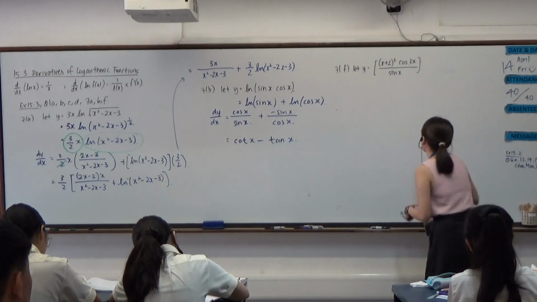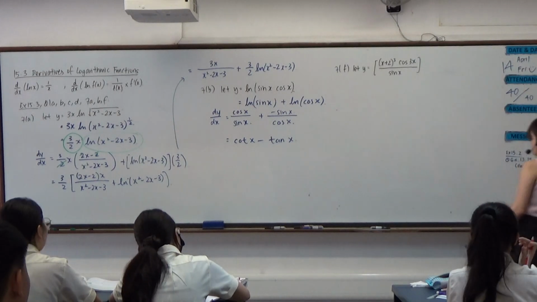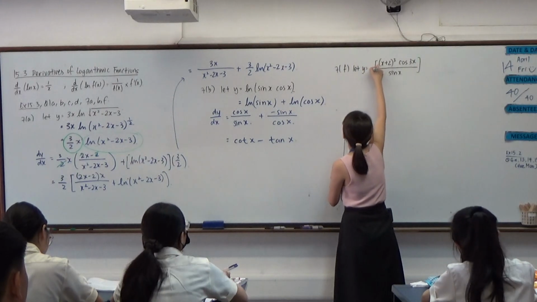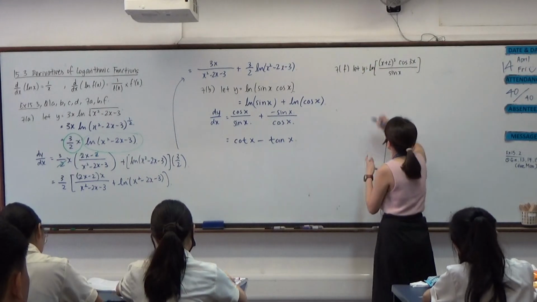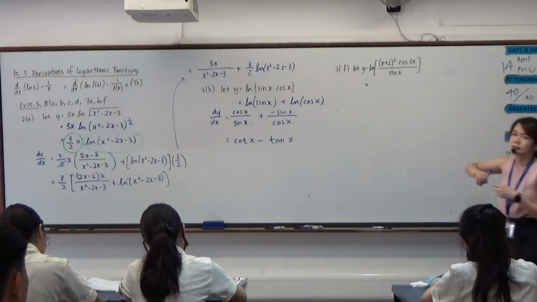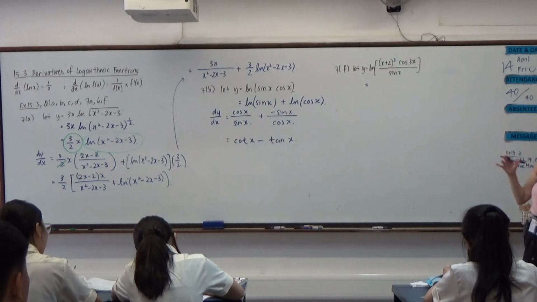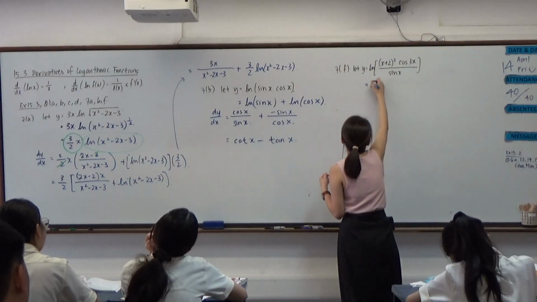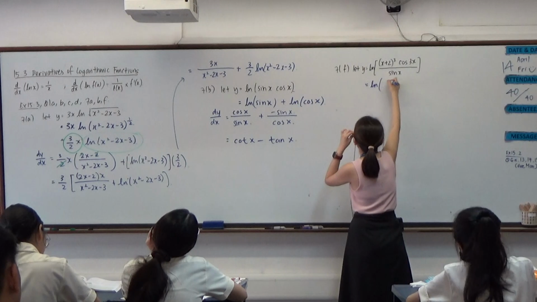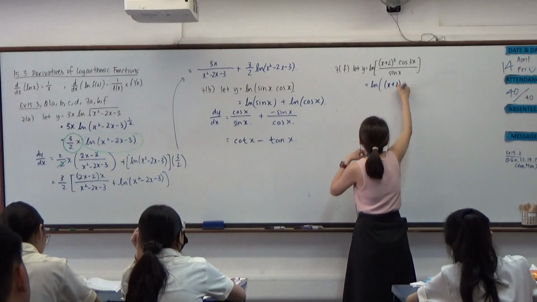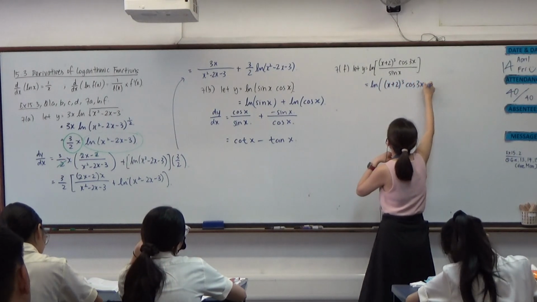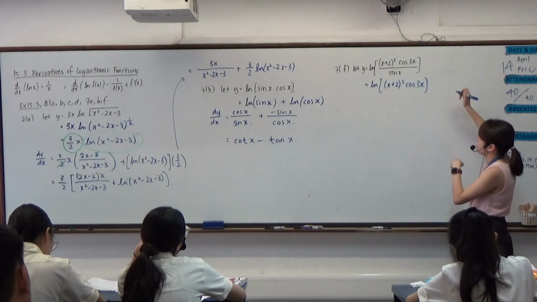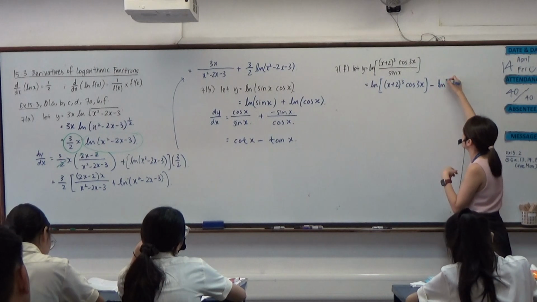For part F, again, simplify the logarithm. If you are very familiar with logarithm laws, you can do it in one step. But let me just break it down step by step. As ln of the numerator minus ln of the denominator.